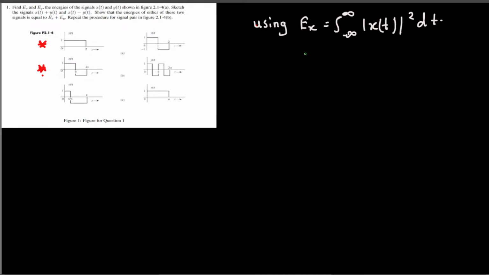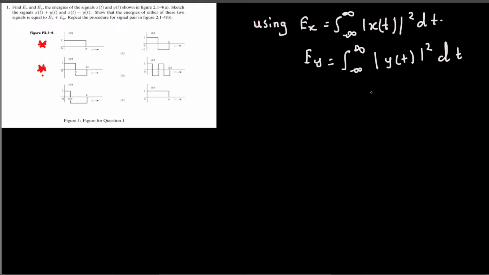Same goes for y: Ey is the integral from negative infinity to infinity of y of t squared dt. And the range depends on what we have for the x values. We just need to know the range and also the height.